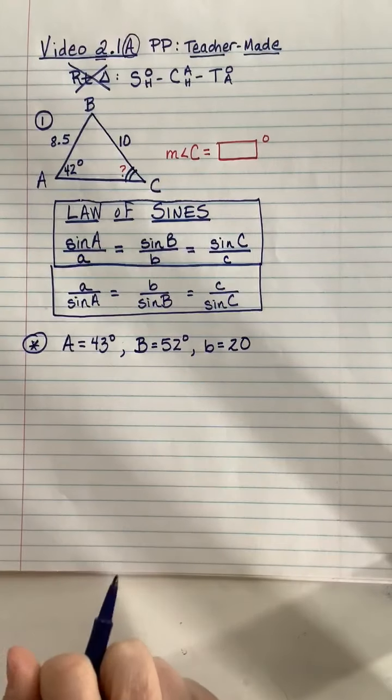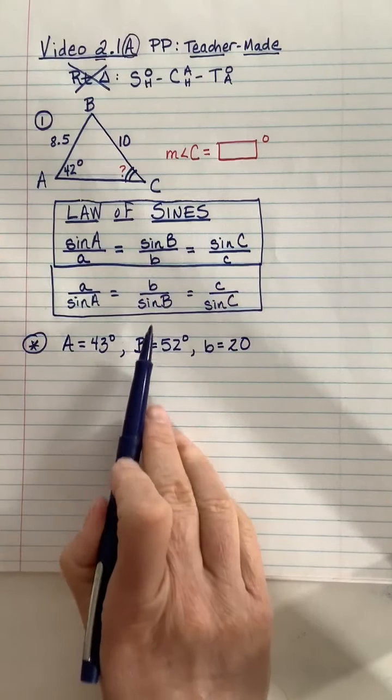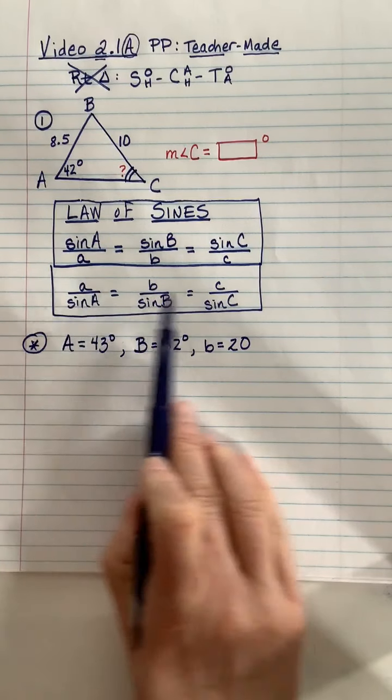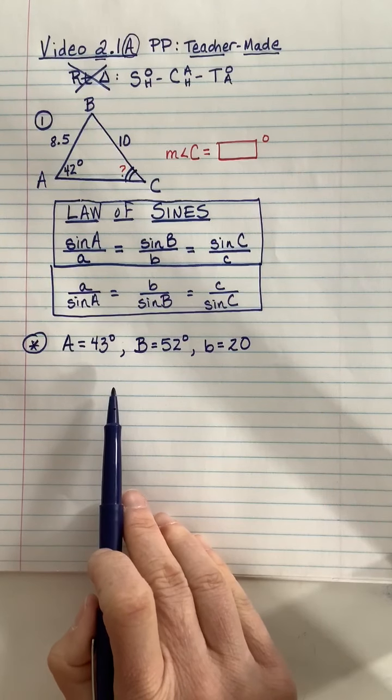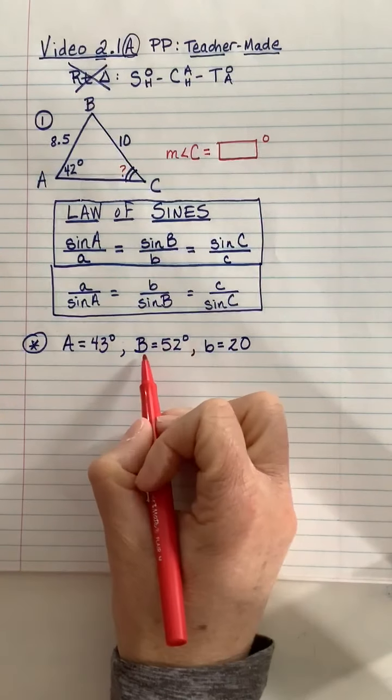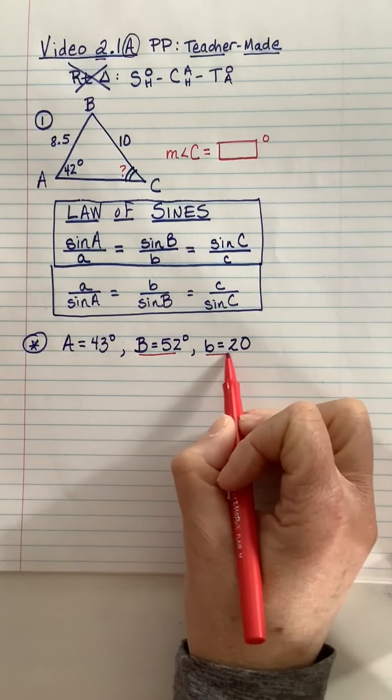Okay, well, what I'm noticing about the law of sines is that corresponding angles and sides are very important. So I can see that I have what's called a complete pair.